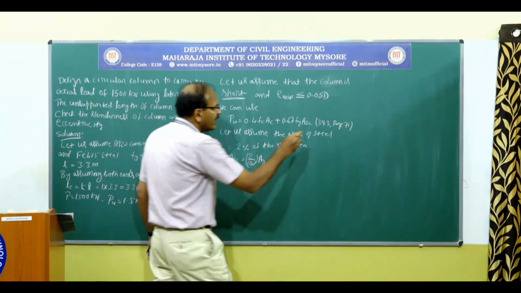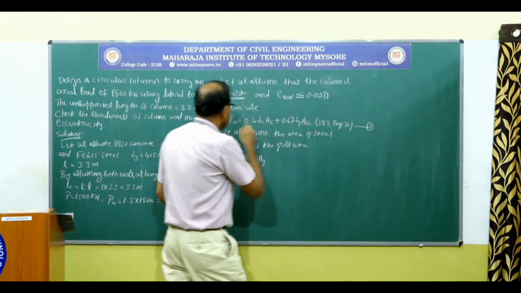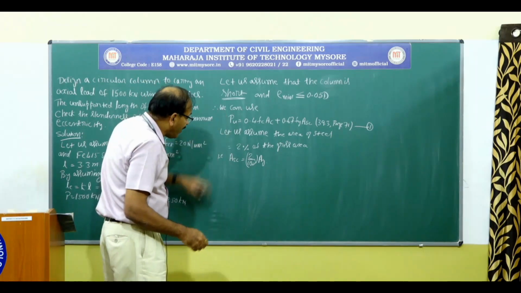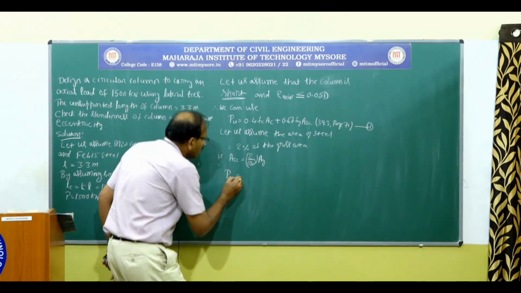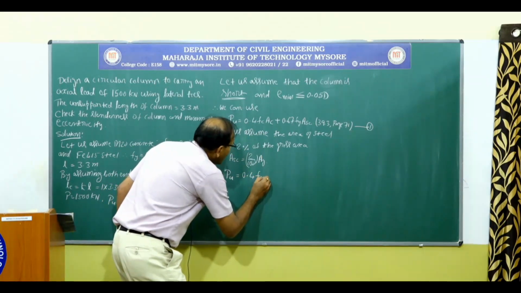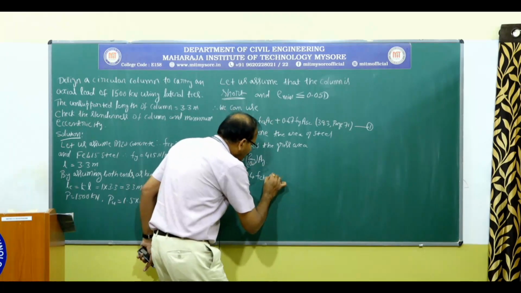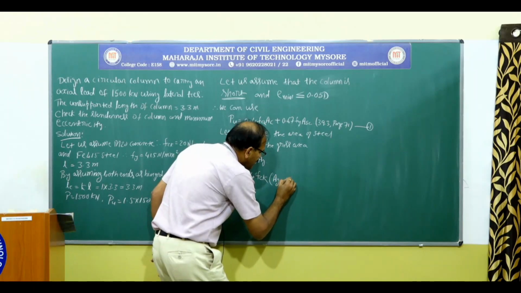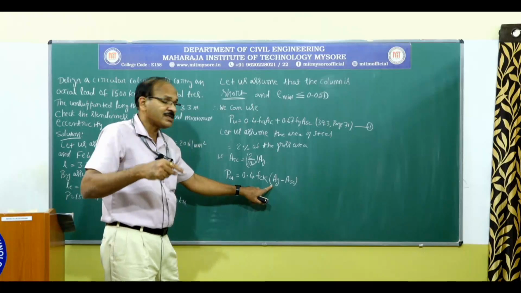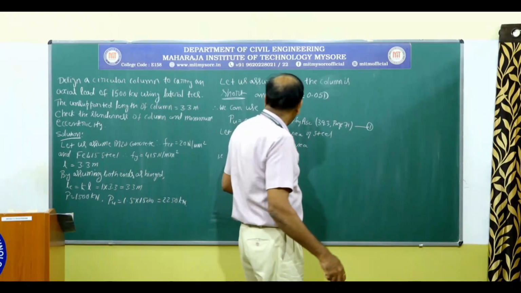Okay, if I call this equation 1, I am going to simplify this further. fck, Ac is the area of concrete, that is Ag minus Asc. That is, the gross area of cross section minus the area of compression steel is the area of concrete.